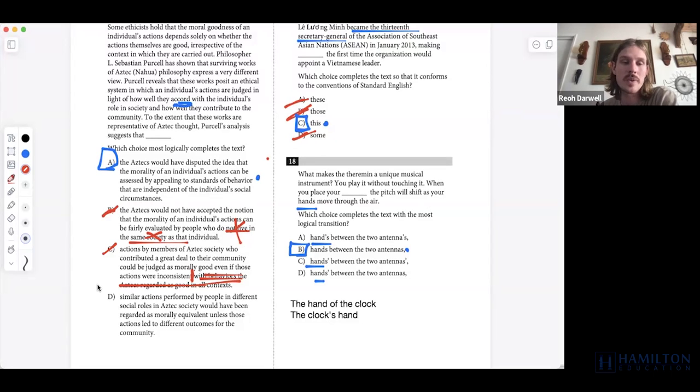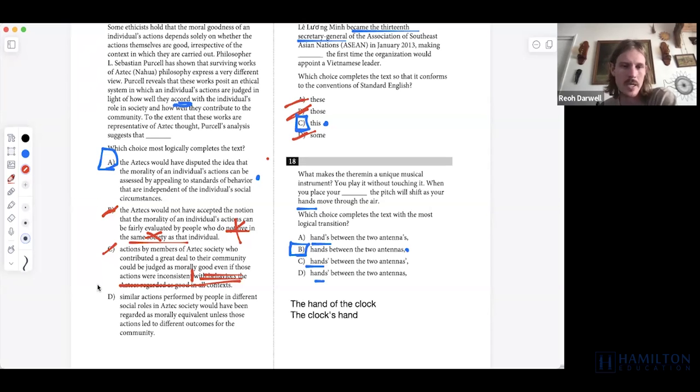But what it then says is with behaviors that were judged as good in all contexts, we are learning that the Aztecs don't believe there is something that is good in all contexts. Unlike what some ethicists say at the beginning of the passage, we are saying that there is no situation in which all actions are good. We only have context in the Aztec ethical framework.